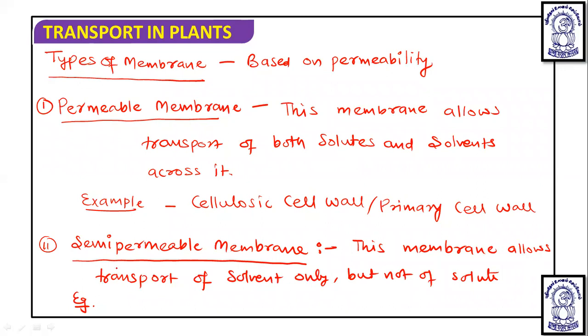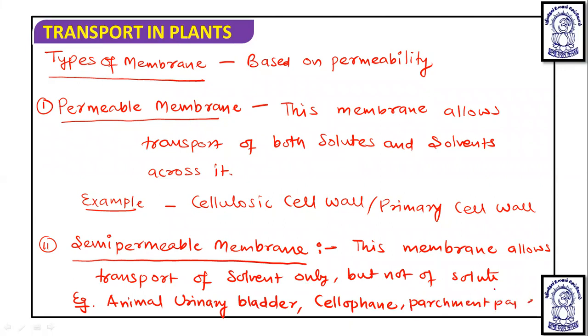And if we take examples of a semi-permeable membrane, they are the animal urinary bladder, cellophane, parchment paper, and copper ferricyanide membrane.